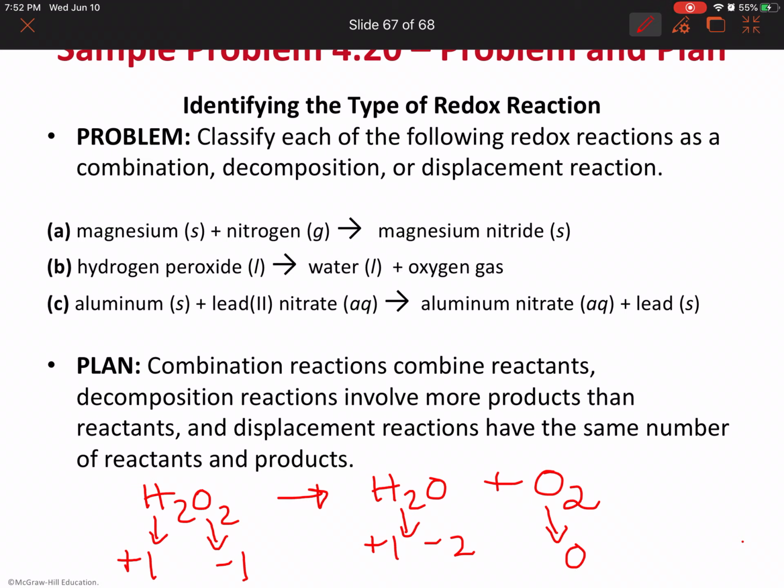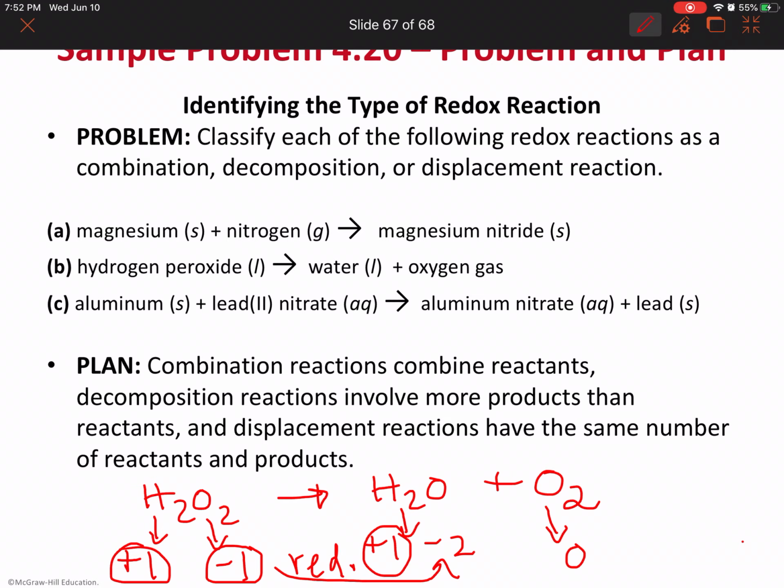Now what's happening here? Hydrogen is +1 in our reactant, hydrogen +1 in the product also. Oxygen going from -1 to -2. That is, oxidation number decreases by gaining electron. So this is the reduction.